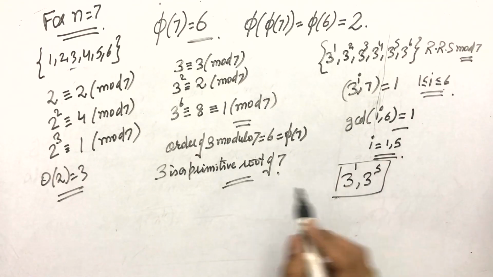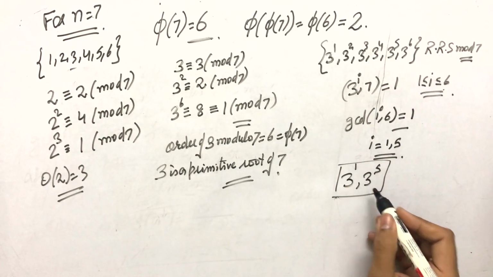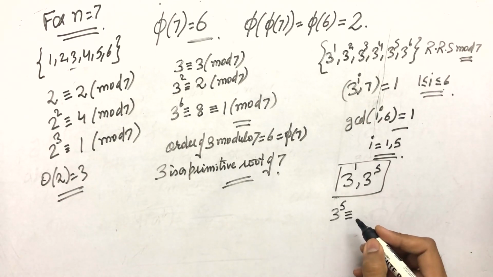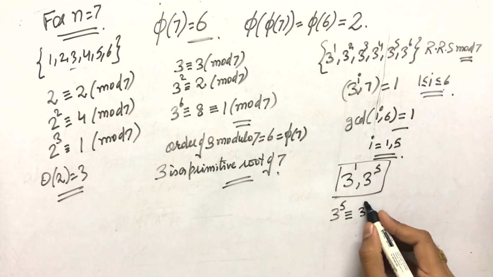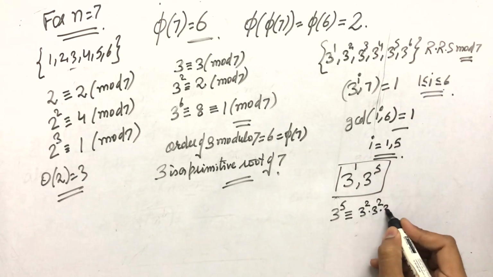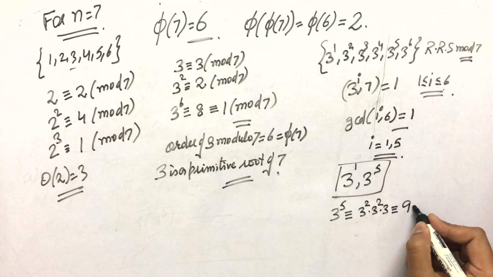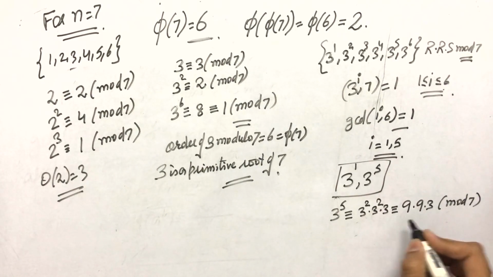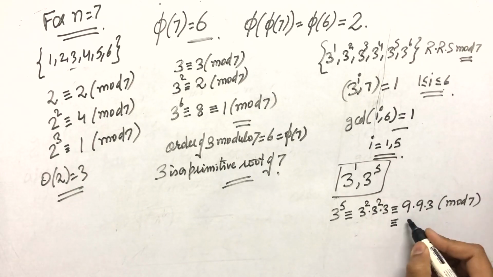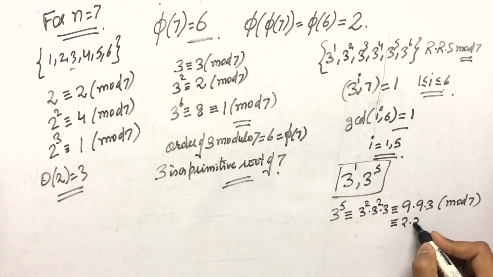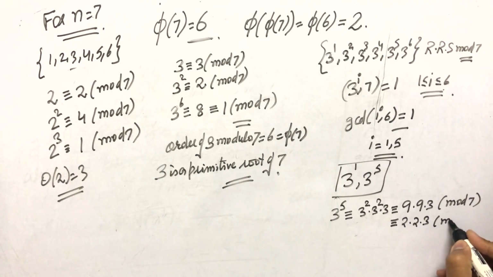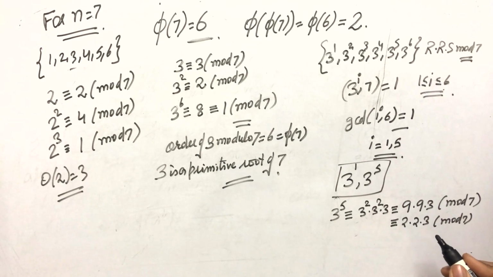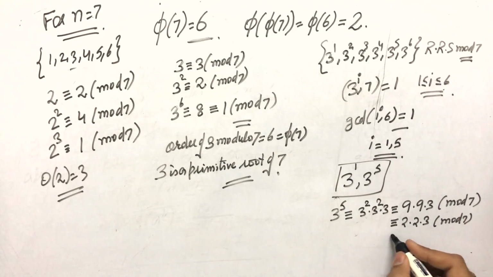We already know that 3 is a primitive root, and 3 power 5 we will further solve: 3 squared into 3, that is 9 into 3 modulo 7, which simplifies to 9 mod 7 is 2, so 2 into 3 mod 7, and this is 6, hmm, 4 3s are 12, and 12 mod 7 is 5.